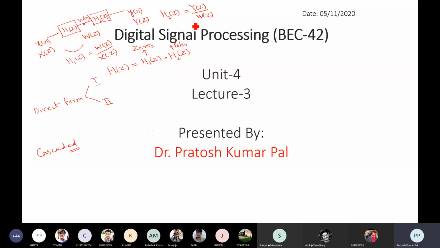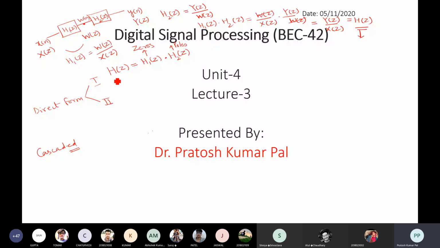So by using H1 and H2, if we multiply H1 of z into H2 of z, it will be W of z divided by X of z into Y of z divided by W of z. So W of z and W of z cancel out, and we get Y of z divided by X of z, and this is represented by H of z, the transfer function that we are going to realize.